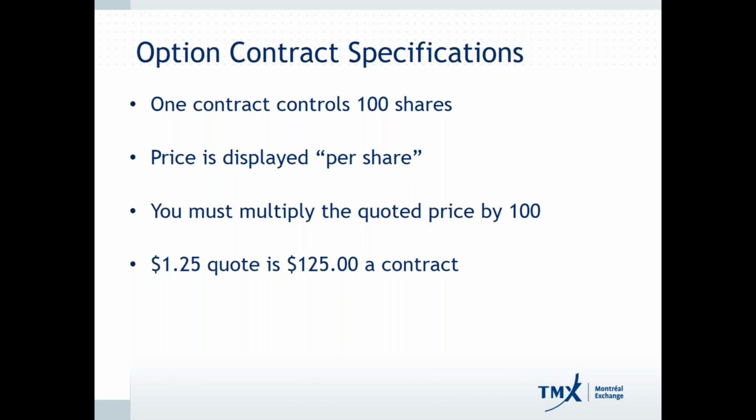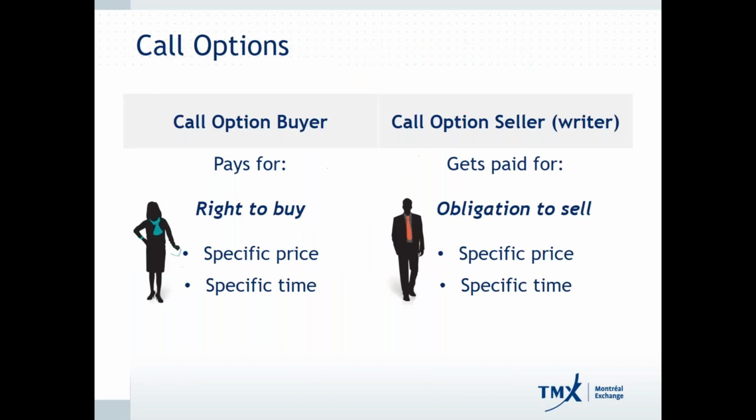But to buy one call option, you're controlling 100 shares, so you do $1.25 times 100, which basically means it would cost you $125 to buy one call option to control 100 shares of the stock. It's quoted per share, but you can't buy half of an options contract. You can't control 50 shares. You cannot control 25 shares. It's always in these 100 share increments.